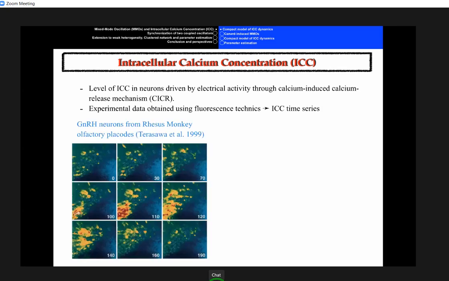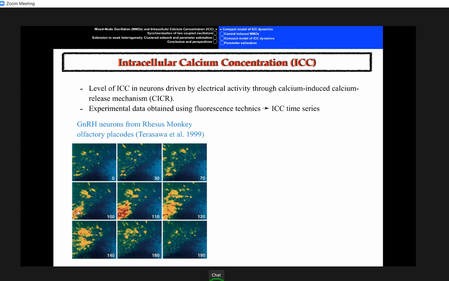I think the first application of that was on GnRH neurons. GnRH is gonadotropin-releasing hormone, a master hormone for the hypothalamus-pituitary-gonad axis, and it plays a key role in controlling all the cyclicity in female mammals.